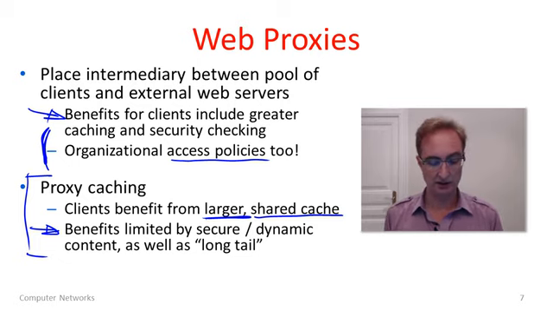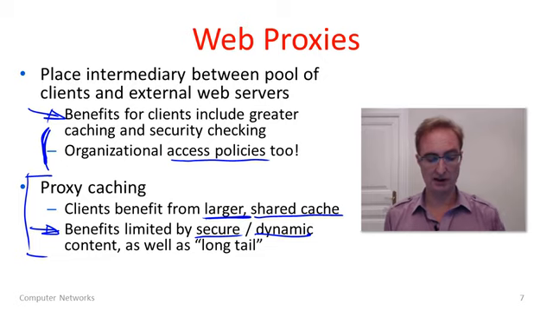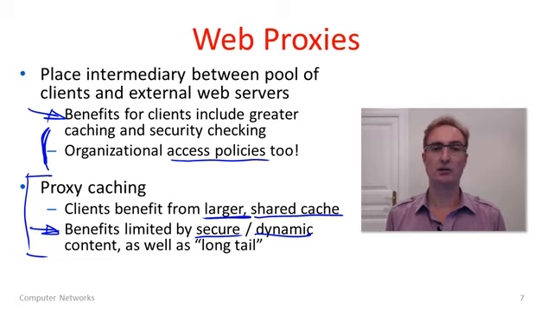Caching is generally not effective for secure content. If you've retrieved something with secure protocols like your online bank interface, we usually don't share or cache and share that information across users. That would create more security problems. Caching is also limited by dynamic content. Many pages, if they're produced dynamically, will depend on all of the program inputs and state of the database, so they're often not cacheable.